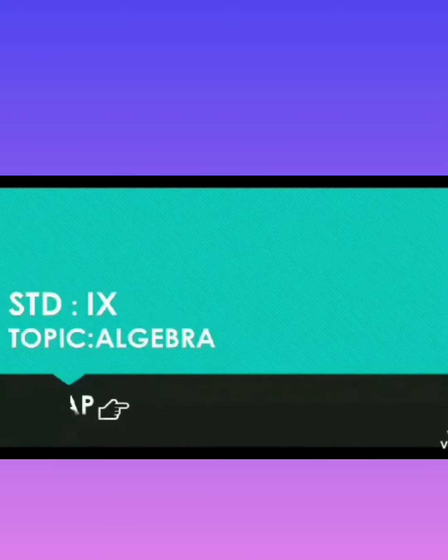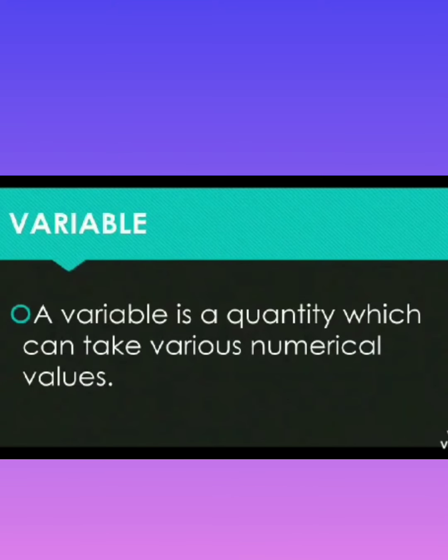Chapter 9 Algebra. Just to recap for you. Variable. A variable is a quantity which can take various numerical values.